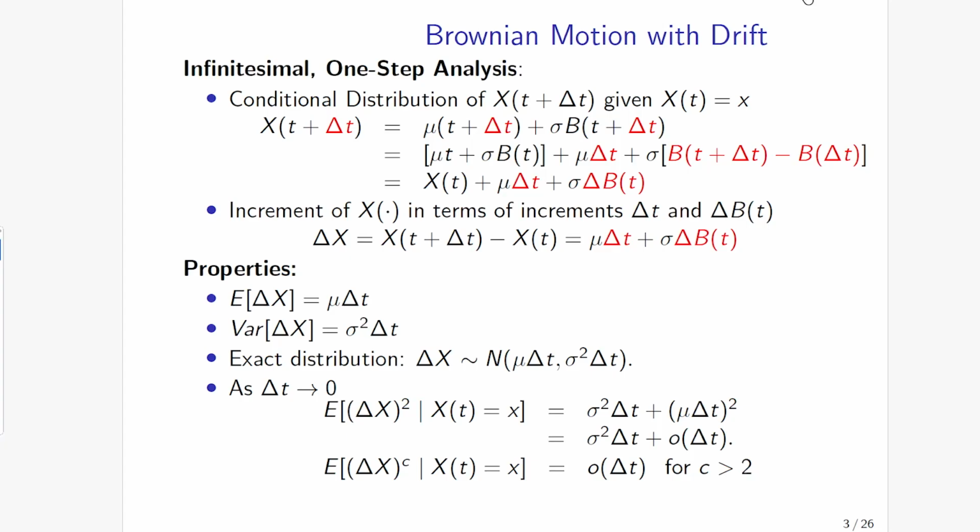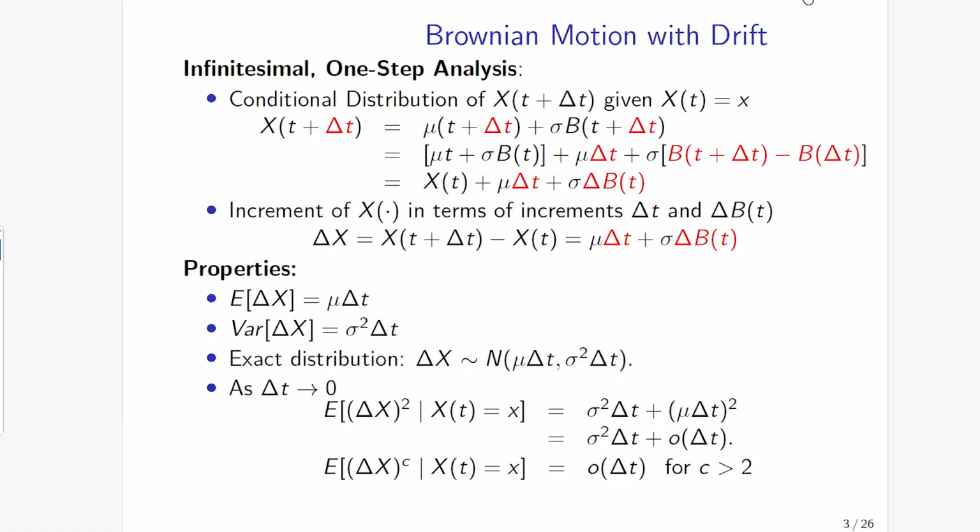Well, this increment, X of t plus delta t in red, we can just expand that out to mu times (t plus delta t) plus sigma B of t plus delta t. And then we can group the known terms, mu t plus sigma B of t.